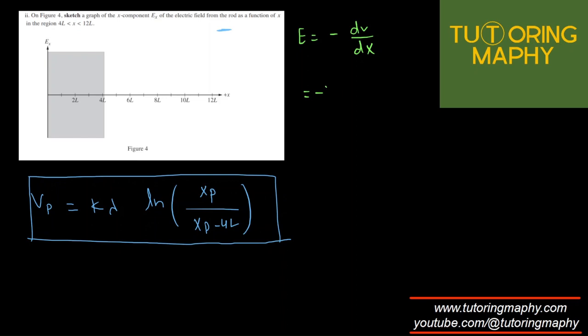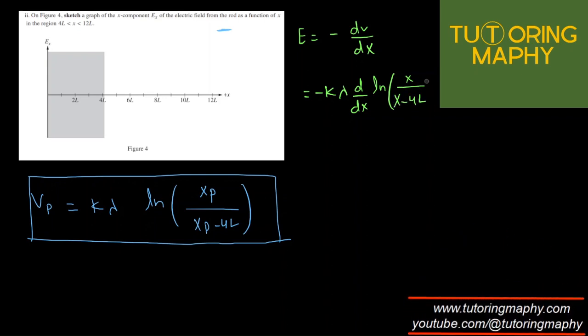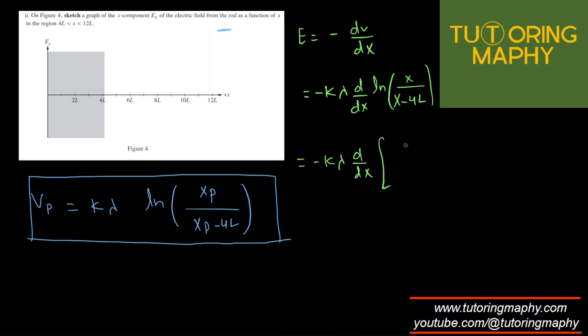So that's just going to be negative of kλ, and then we are going to differentiate ln of xp over xp − 4l. By the way, this xp will now be treated as an x, because after all, xp is nothing but a variable, for a general point x. I'm again going to write ln(a/b) as ln a − ln b.